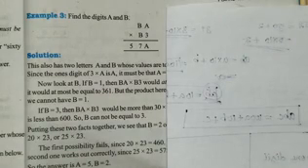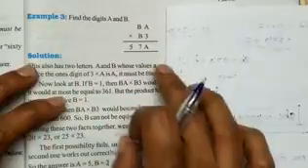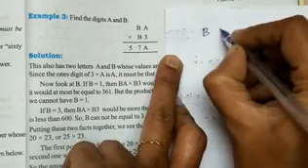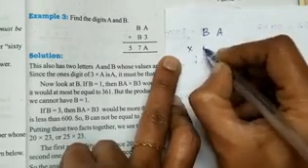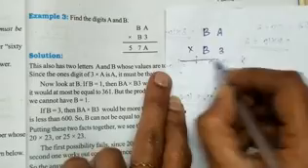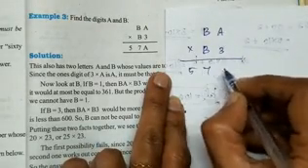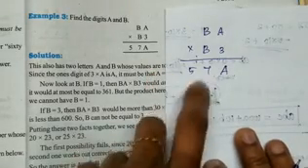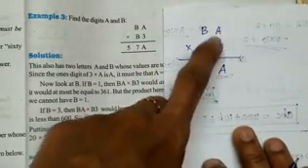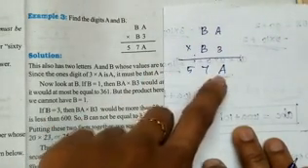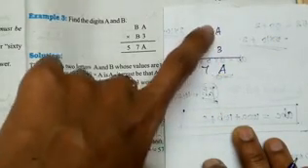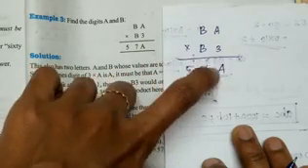Example 3. Find the digits A and B. Here we have multiplication. The question is BA into B3. Answer is 57A. See here, multiplying 3 with A should give the answer A. So if A is 1, 3 into 1 is 3.